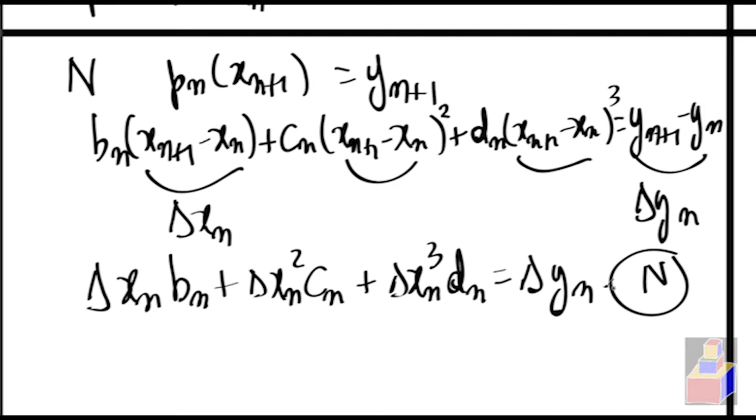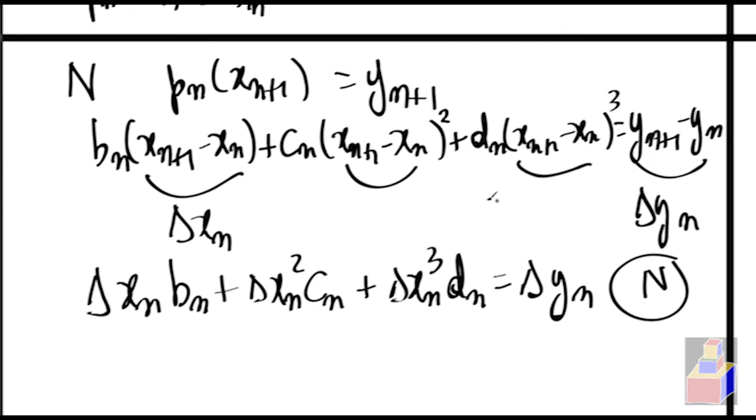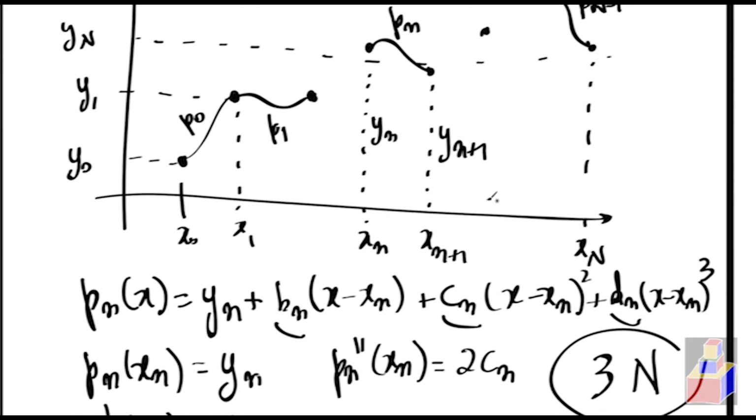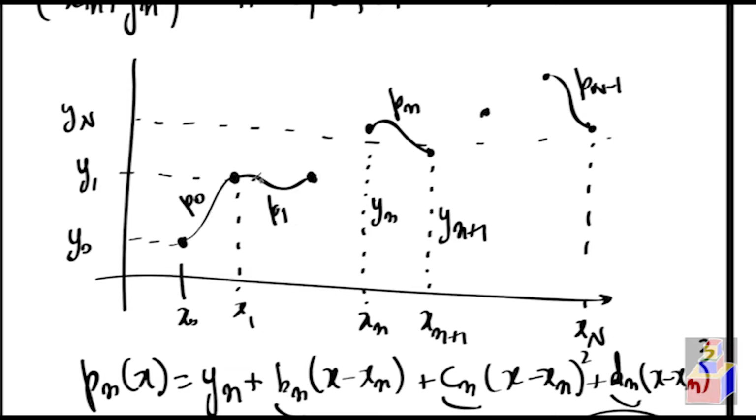Recall that we need 3n equations. The next set of equations we can obtain now is from continuity of derivatives in the interior points, at x1, etc., until xn minus 1.